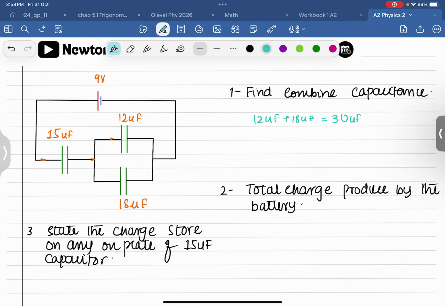So 1 over C total is equal to 1 over 15 plus 1 over 30. Then if you simplify, it will be 2 over 30 plus 1 over 30, which is 3 over 30. So I'll get 10. So C total is equal to 10 microfarad.